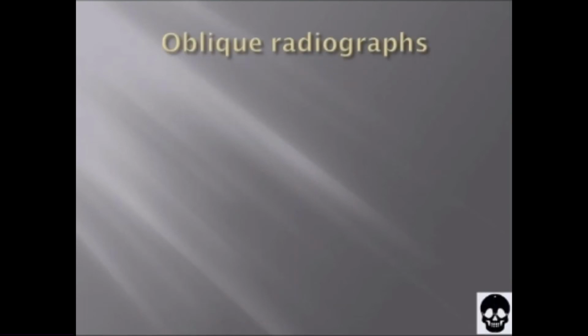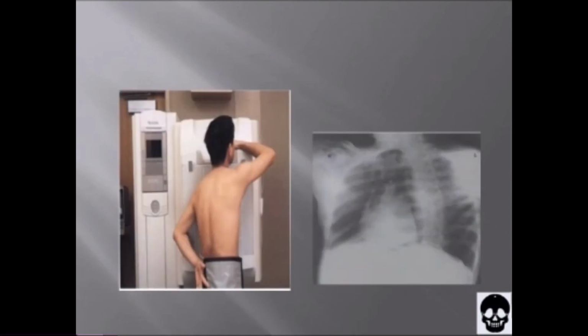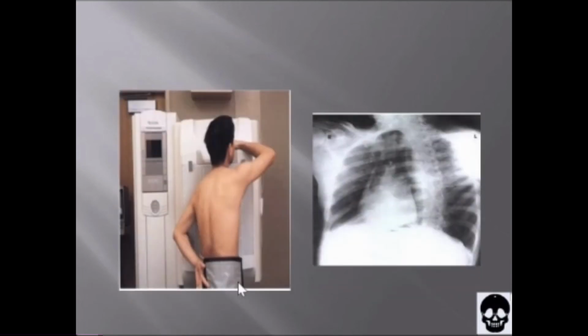Oblique radiographs. Oblique radiographs are obtained when the patient's body is rotated so that the projection obtained is not frontal, posterior, or lateral. This image represents the left anterior oblique position for a posteroanterior oblique projection of the chest.